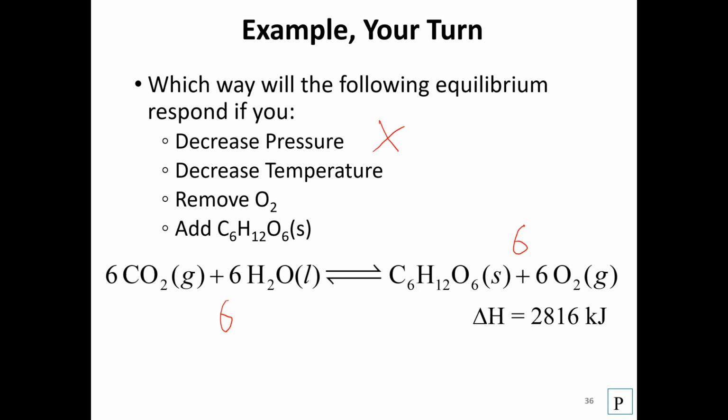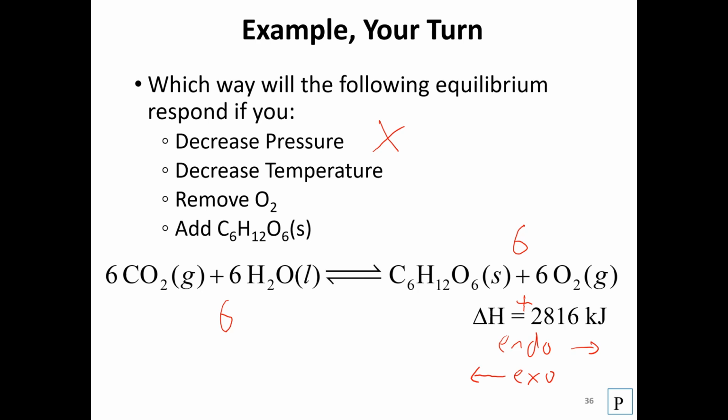Now, decrease temperature. So we can do it both ways and make sure we get the same answer. I'm looking at this delta H down here, and I'm seeing a positive number, which means it is endothermic in the forward direction, which means it's exothermic in the reverse direction.